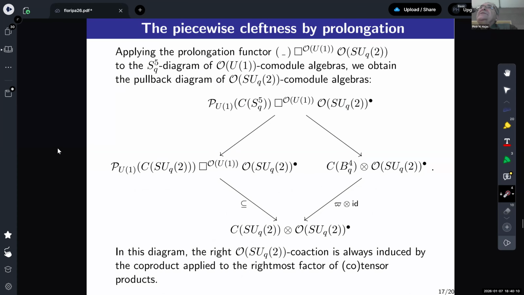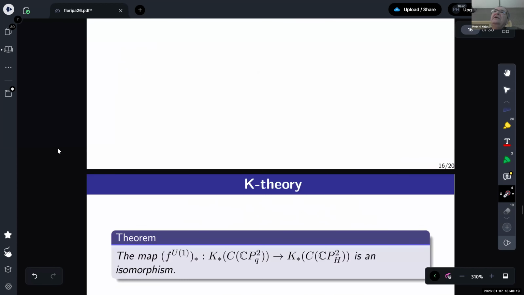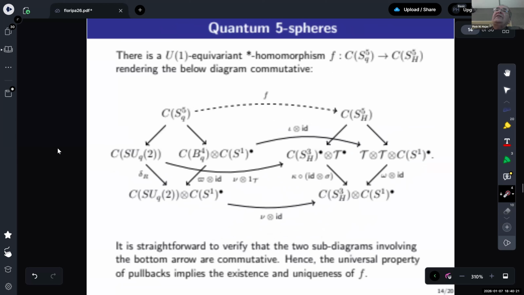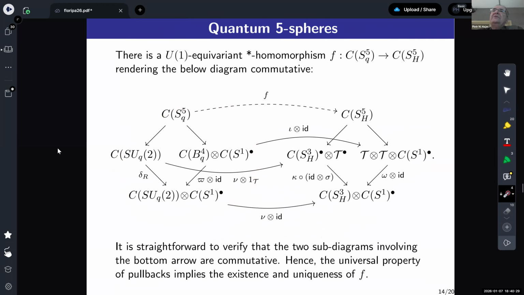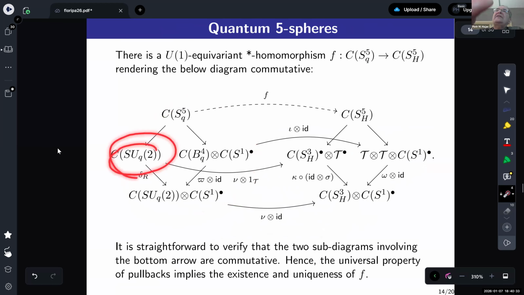And for starters, you have to use what I like to refer to as a prolongation trick. Because if you look into this part, imagine just applying Peter-Weyl. The problem then is that when you apply Peter-Weyl here, this is by no means a cleft O(U1)-comodule algebra.